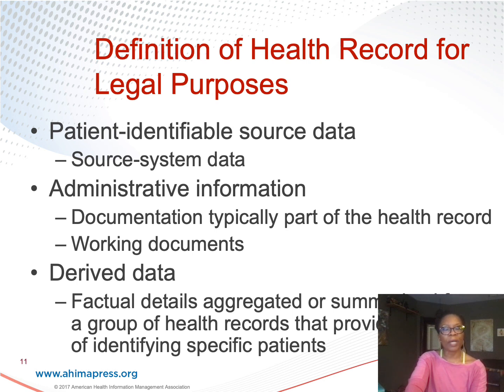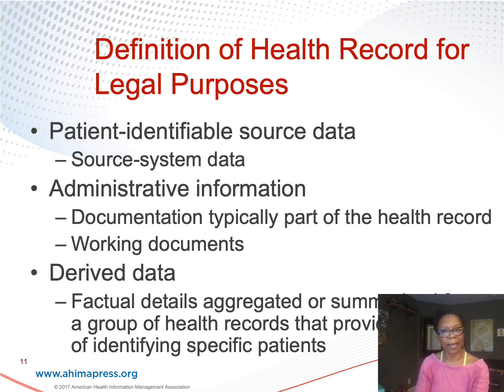So there are two types of administrative information that are created and maintained by the healthcare organization. The first type consists of documentation that is typically part of the health record, such as consents for treatment or surgery, and research forms that would be produced in response to a subpoena.